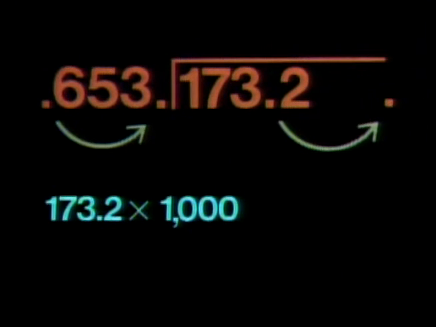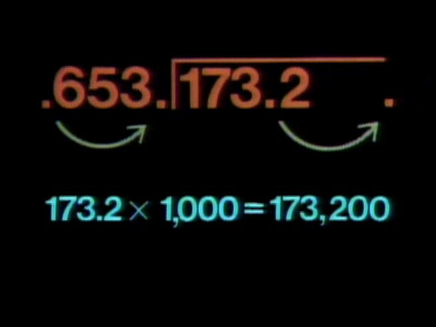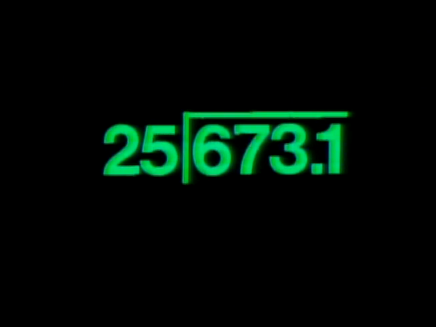We get 173,200. The decimal point in the division problem is right where it ought to be. All we need do is fill in the empty spaces with zeros. Of course, if the divisor is a whole number to begin with, you don't have to worry about moving the decimal point.